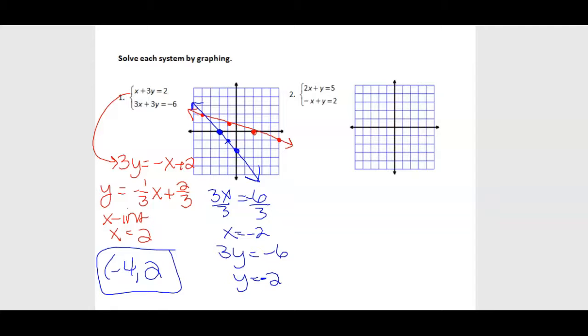Number 2. So this one isn't terrible to solve for y, and the slope and y-intercept are rather nice. So the top equation is y equals negative 2x plus 5. So you plot your point, positive 5. Go down 2 and over 1.